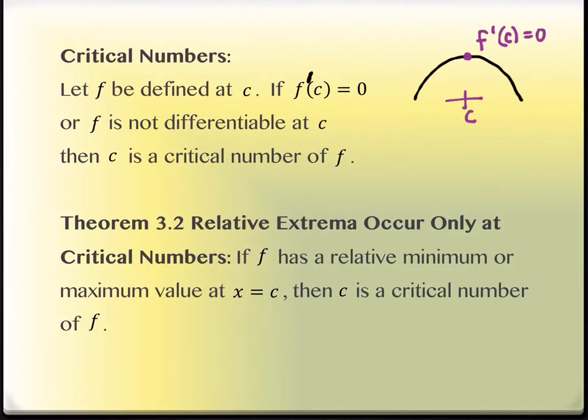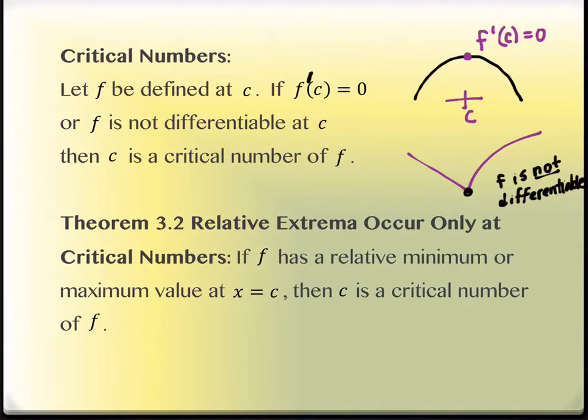And then the other option is that you've got some kind of a sharp turn going on. So this location down here at the bottom, this one would be a place where f is not differentiable. Not differentiable there.